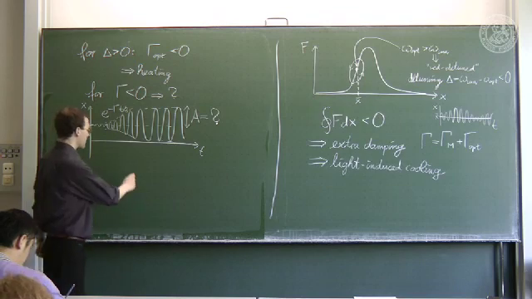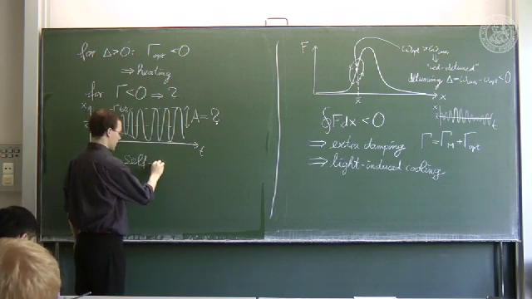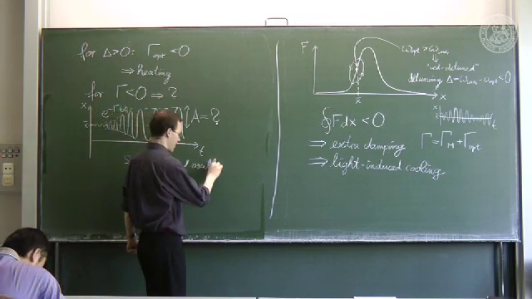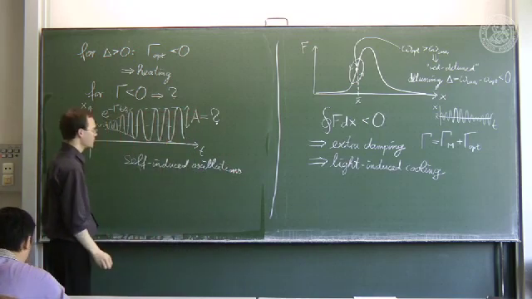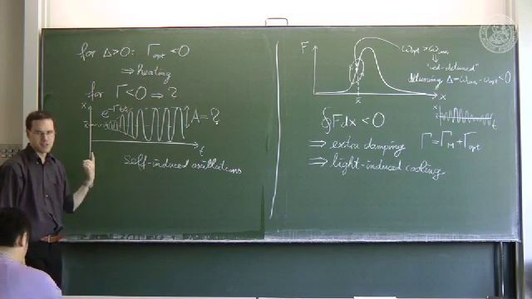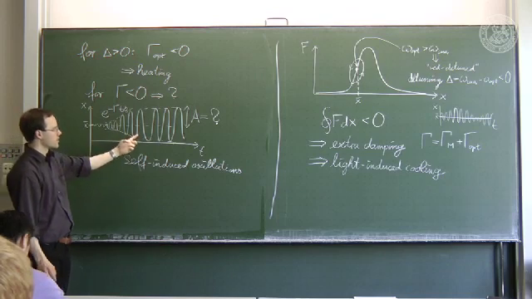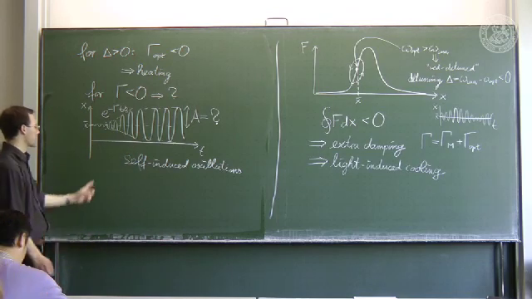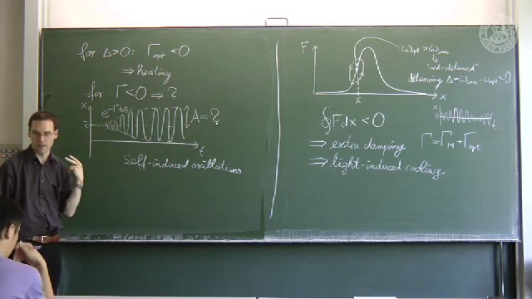Now these oscillations are called self-induced oscillations, because somehow they do not arise from external forcing. There is no resonant force applied. In particular, this also means that the phase of these oscillations is completely undetermined.